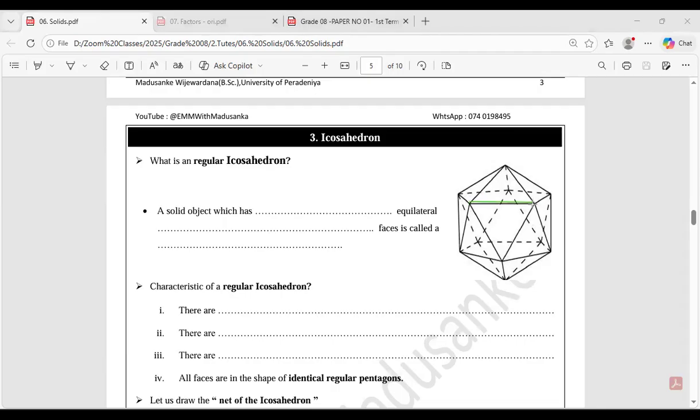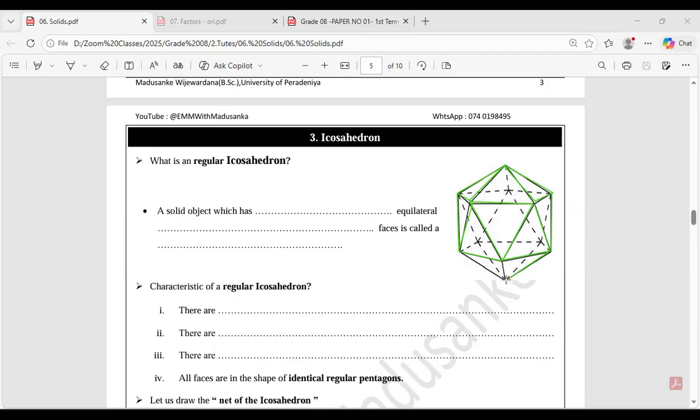All of the faces are equilateral triangular for the icosahedron, and there are 20 faces for an icosahedron.